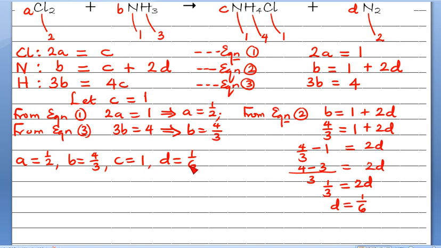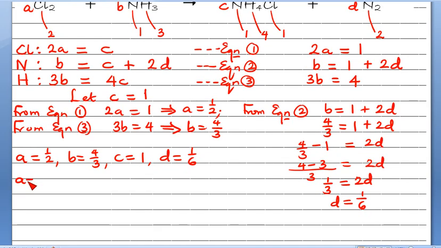The LCM of the denominator is 6. So we're going to multiply through by 6 to remove the fractional parts. So I multiply 6 into half, then B, 6 into 4 over 3, then C, 6 into 1, and then D, 6 into 1 over 6.